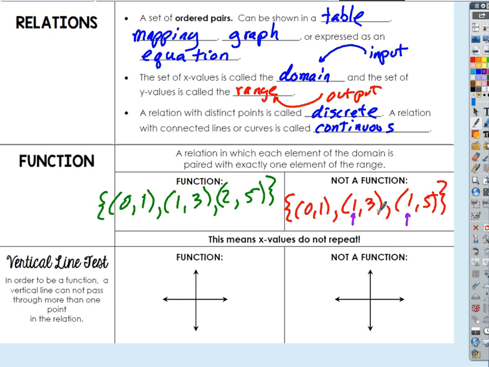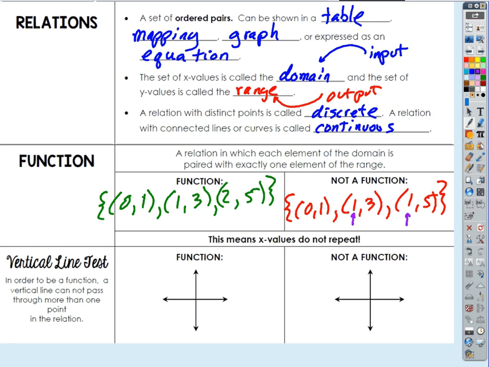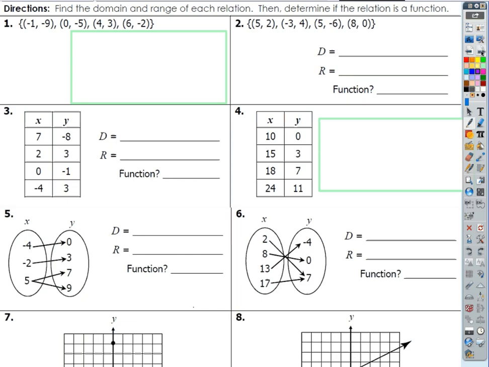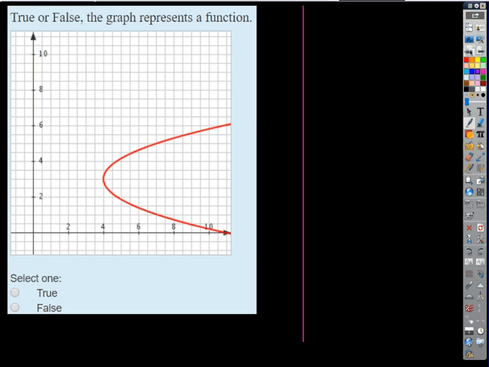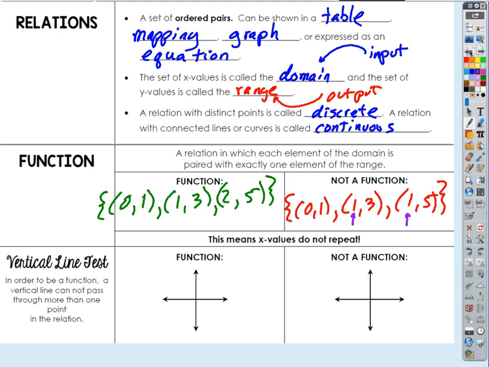Okay? So we can apply this when we're talking about discrete graphs. That's what a discrete graph would look like. You see, it's just distinctive points. That would correspond to, now it's more points than we graphed here, but if I were to graph, for example, this function, it's 3 ordered pairs. If I graph an ordered pair in math, what does it represent on the graph?